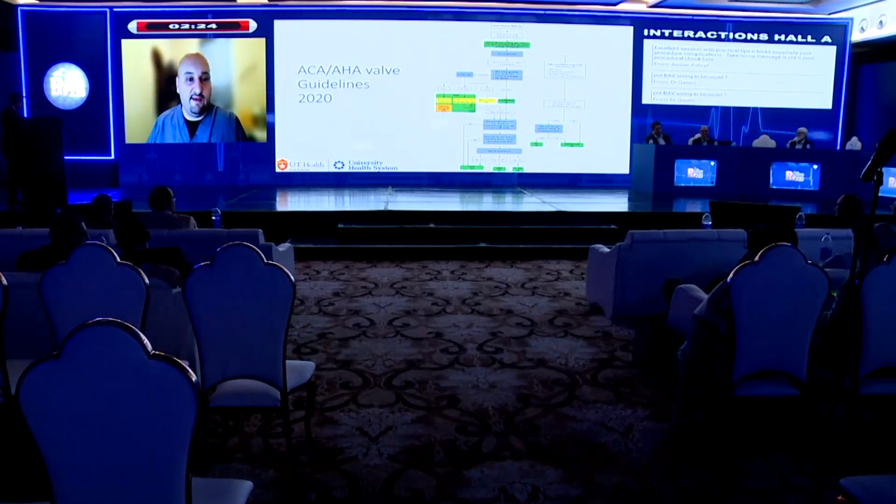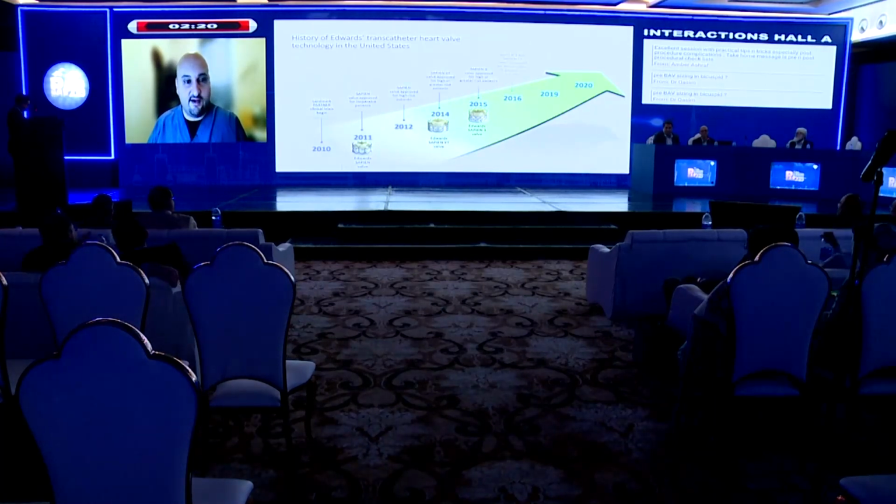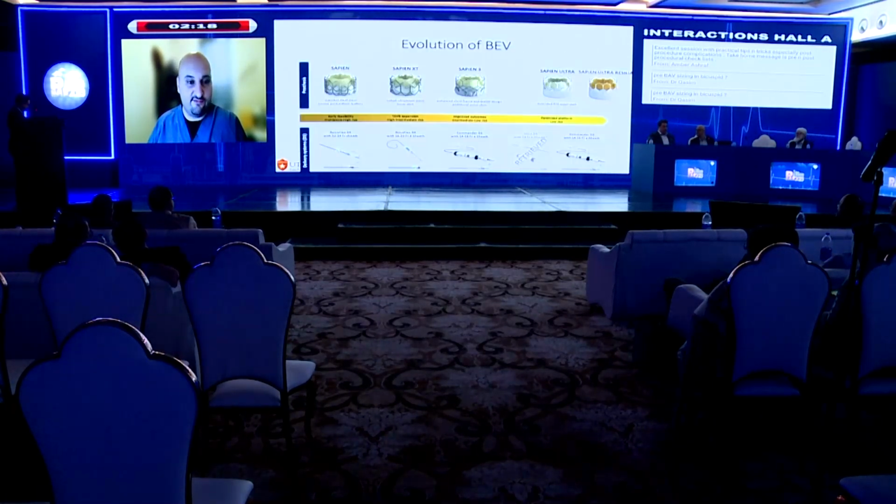Now, again, this is just the history of these valves and how they evolved in the trials, with different iterations and different delivery systems. The most recent iteration of the Edwards valve is the SAPIEN Ultra with Resilia leaflet technology, which is supposed to reduce leaflet calcification and improve durability, and was launched in the second half of last year.